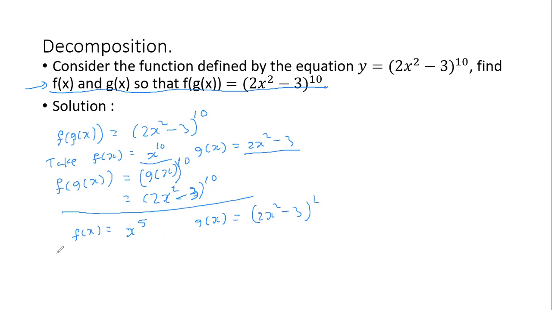Let's find what f of g of x is. Substitute for g(x): g(x) to the power 5. What we did, we substituted g(x) for x. Now substitute for g(x), which is (2x square minus 3) to the second power.